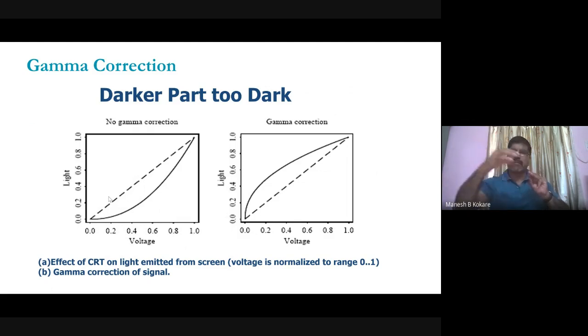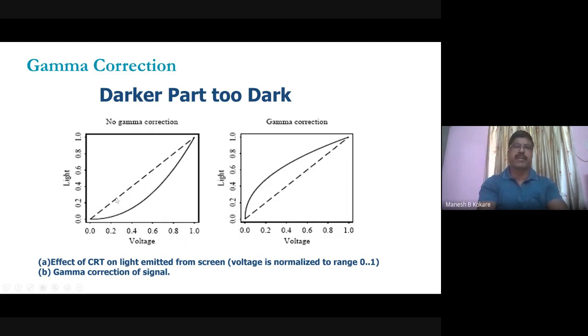Now, when this electron travels from the gun to the CRT through various deflection plates, like the horizontal deflection plate or vertical deflection plate, it is expected to maintain the linearity property. But in actuality, it does not maintain the linearity property.